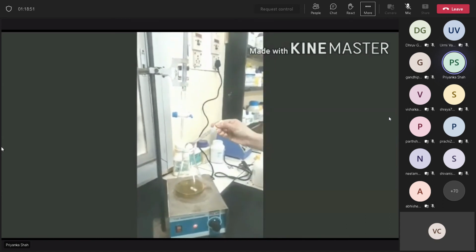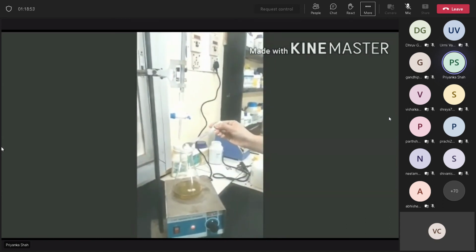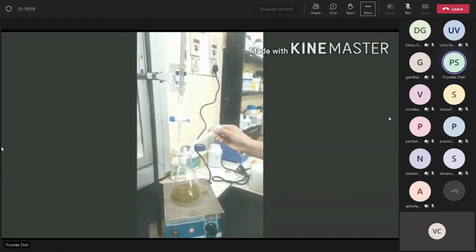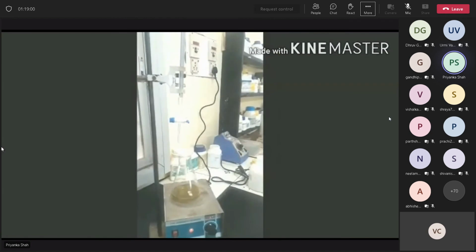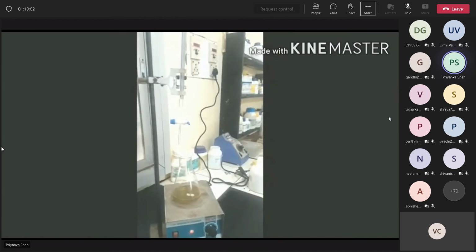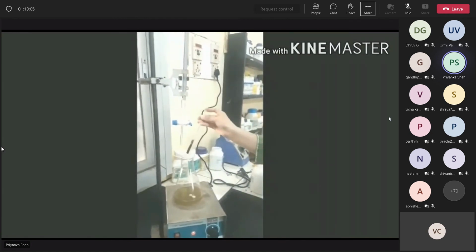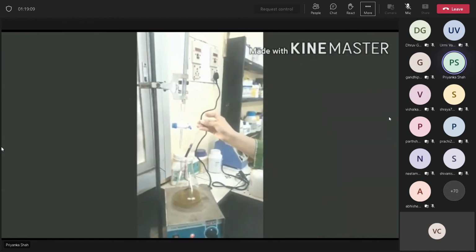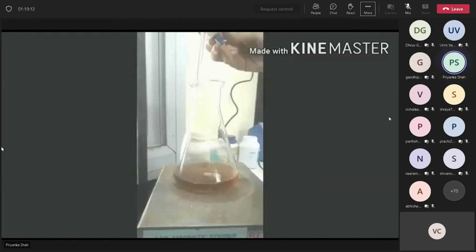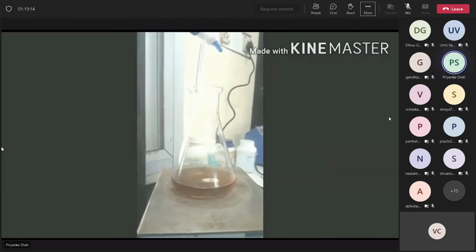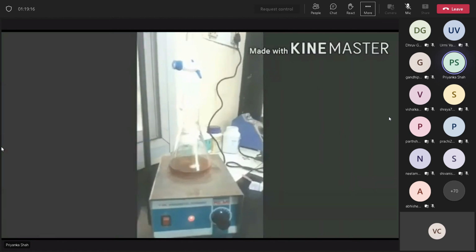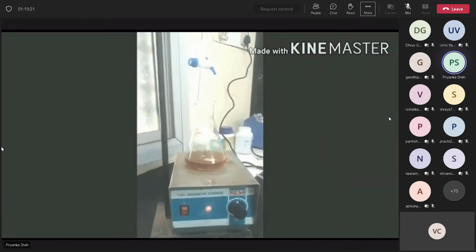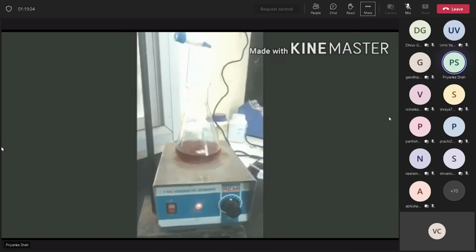Add hexamine to maintain the pH of the solution between 5 to 6. Add a few drops of xylenol orange indicator and titrate this solution against standard lead nitrate solution till the color changes from orange to violet red.